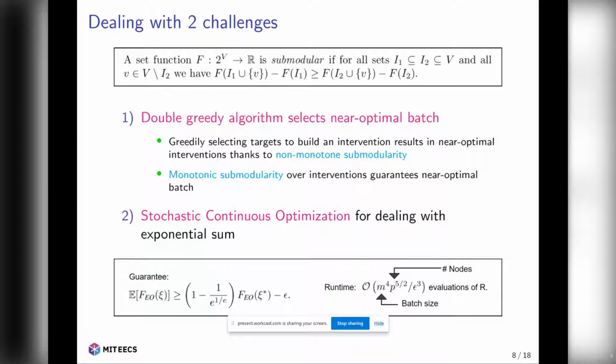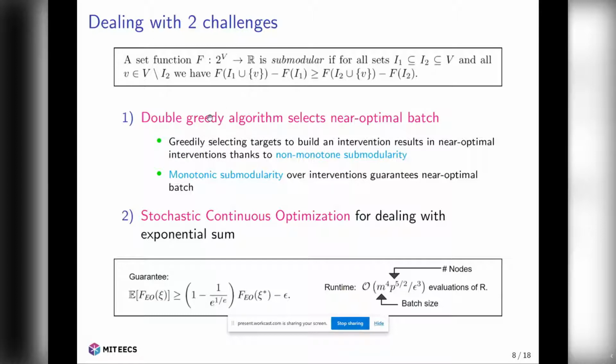It just says that if I already have a lot of interventional data, then getting an additional intervention doesn't provide as much additional information as if I only had very little interventional data. It's diminishing returns, right? If I already have a whole lot of data of a type, then getting one more sample of that type doesn't give me as much information as getting one sample of that type when I have very little of that type of information.